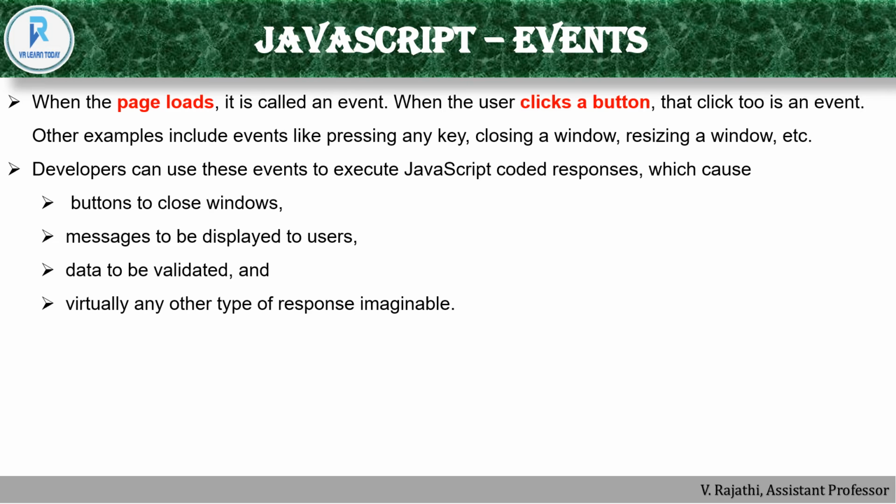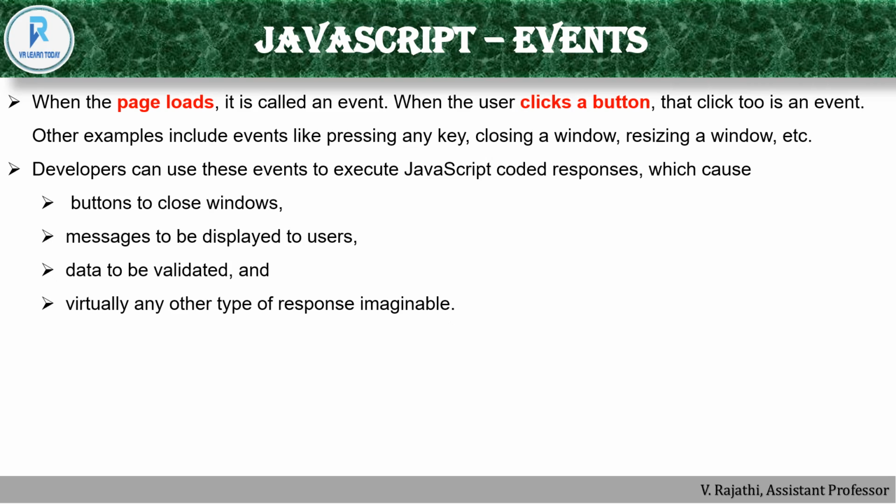When the page loads, it is called an event. When the user clicks a button, that click is an event. Other examples include events like pressing any key, closing a window, resizing a window, etc. These are all called events.